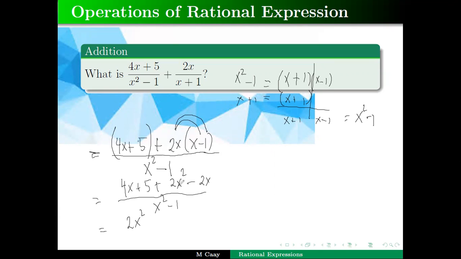I'll arrange them into the highest degree form, although it's not really necessary, but for the aesthetic purpose of your expression, you'll have to arrange that from the highest degree to the lowest degree. So I'll write first 2x squared, and of course I can add 4x and 2x here, so I have 2x, and I have 5 all over x squared minus 1. So this will now be my final answer.